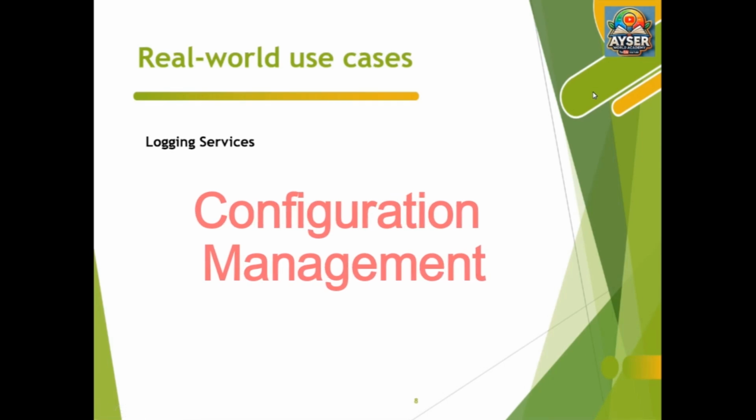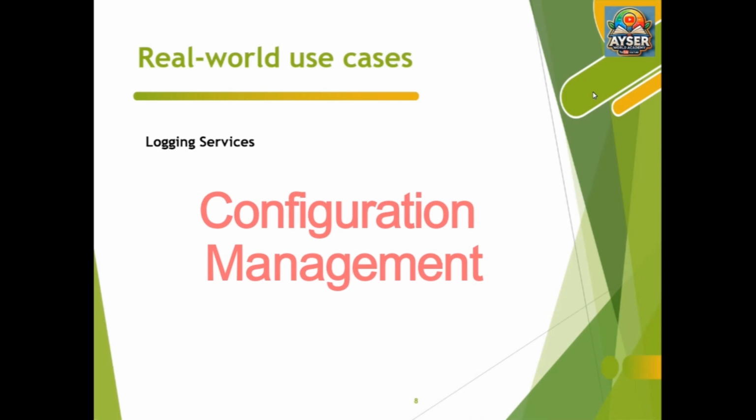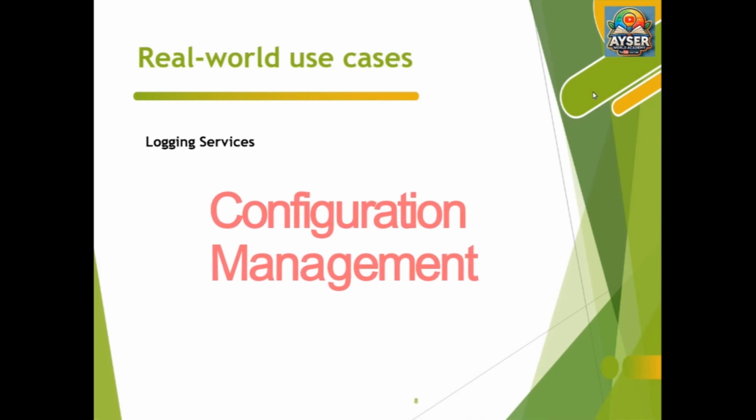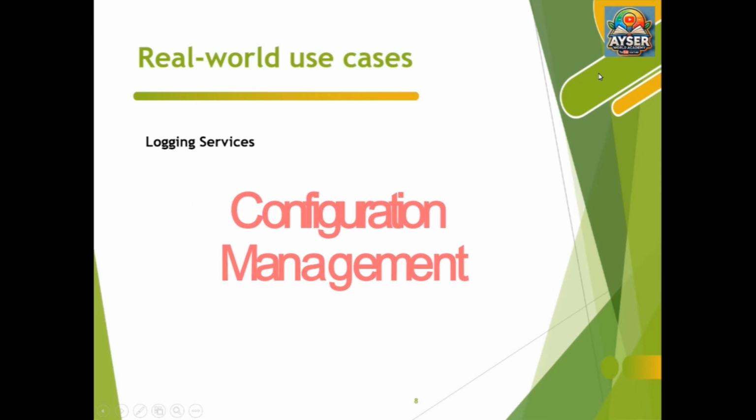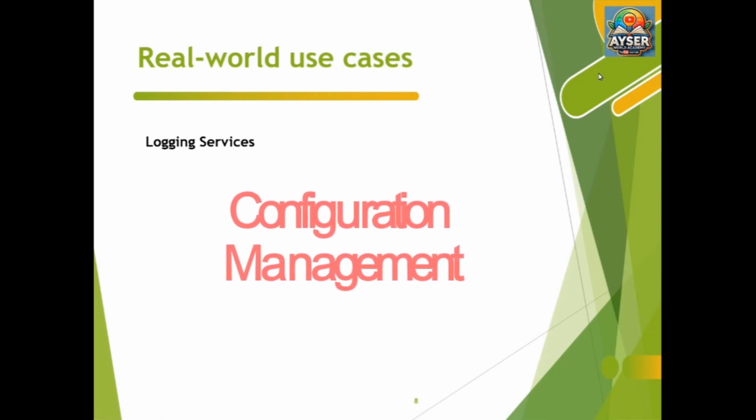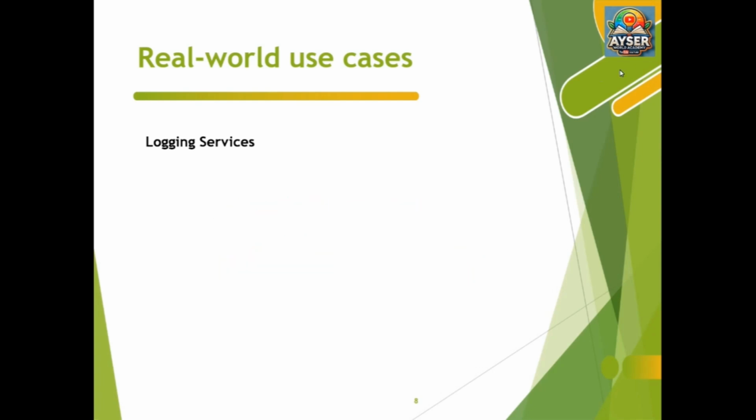Another example is configuration management. In a web application or any application, you need configuration data that needs to be loaded only once, such as database login credential details. This will be loaded from a configuration file or a local environment file, because you cannot keep this information checked into Git or the version control system.